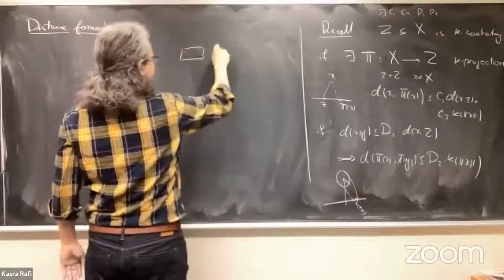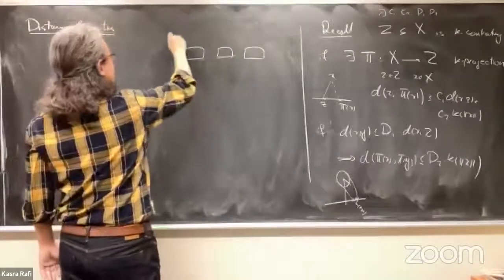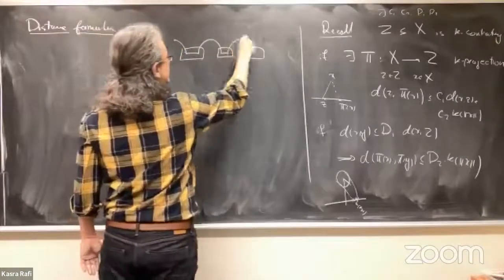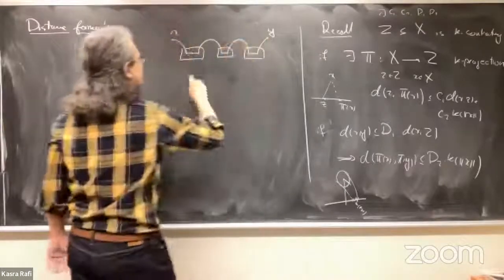I'm drawing the same picture because that's the picture that you have, and there are many sentences describing this picture. The picture is that this is a good quasi-geodesic between x and y.